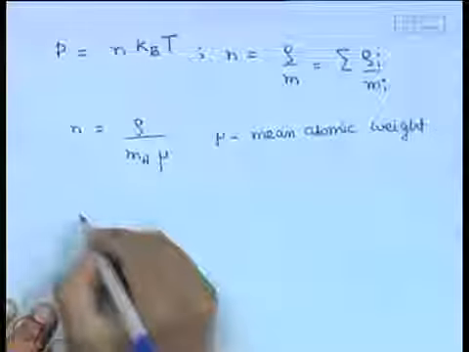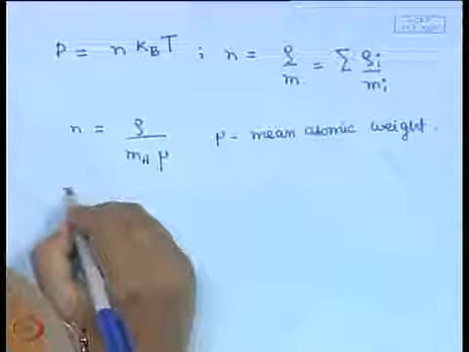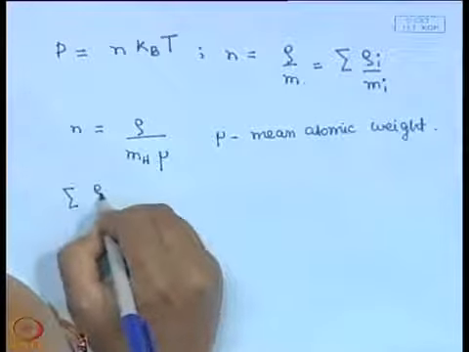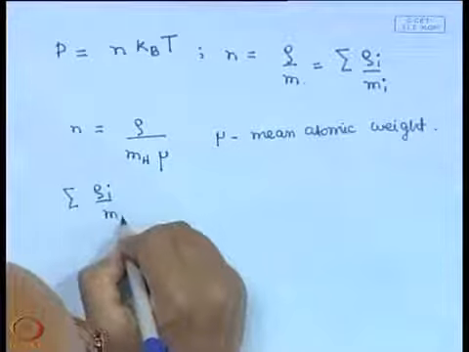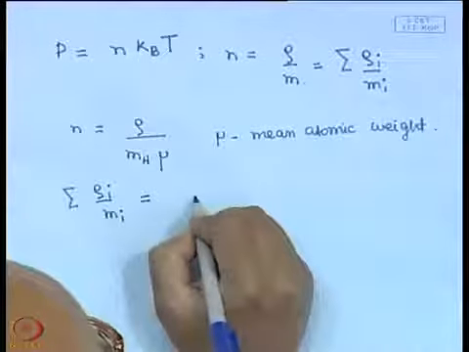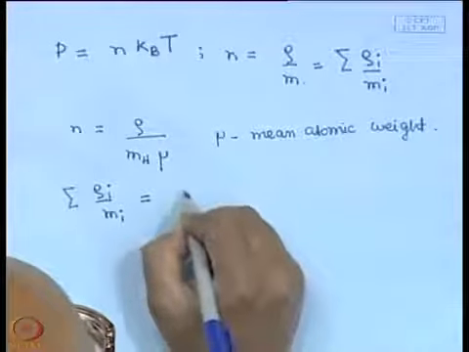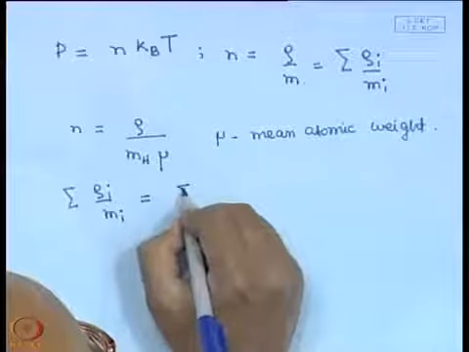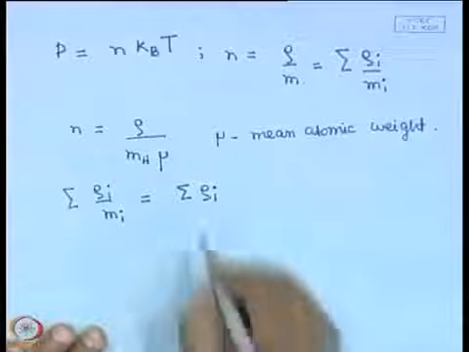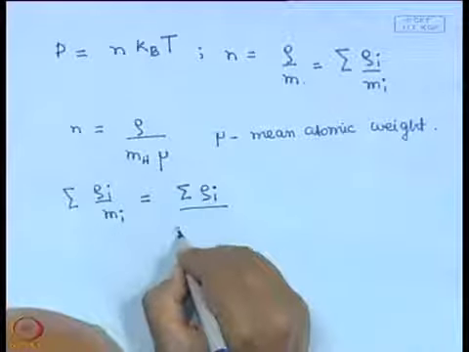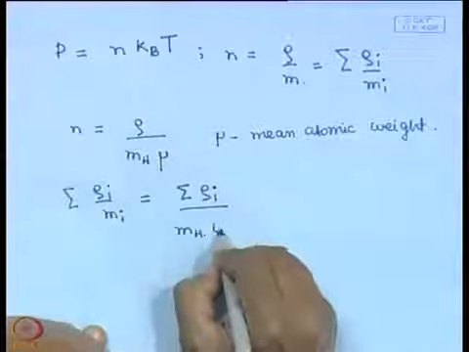So essentially what we have done is we have written the sum of rho_i m_i as equal to the sum of rho_i, which gives me the total density, divided by m_H times mu.